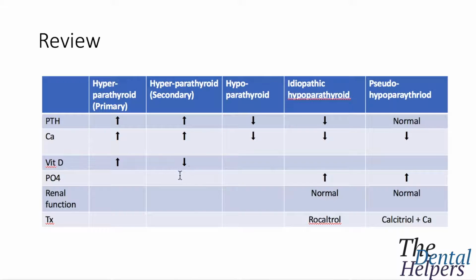In the secondary, we have decreased vitamin D. In terms of hypoparathyroidism, we have increased phosphate in your idiopathic and your pseudo. While they have normal renal function, the drug of choice for idiopathic is Rocaltrol, while for pseudo, sorry, it's calcitriol and calcium.